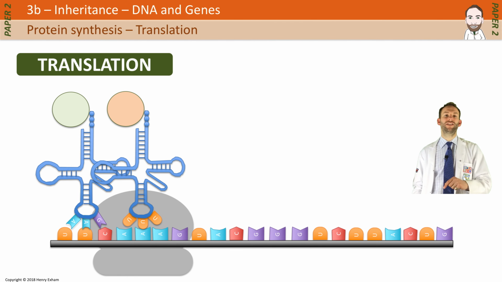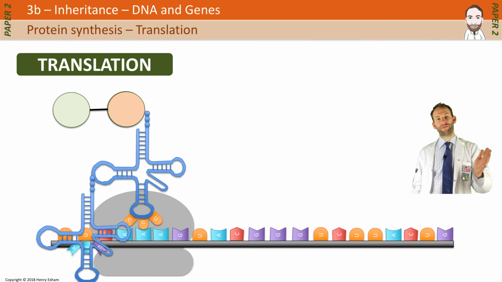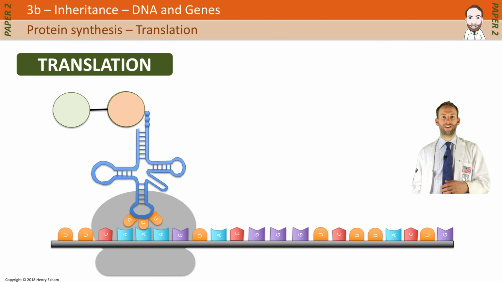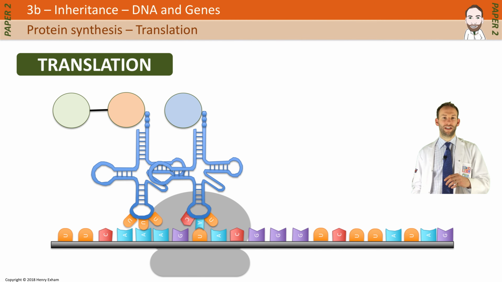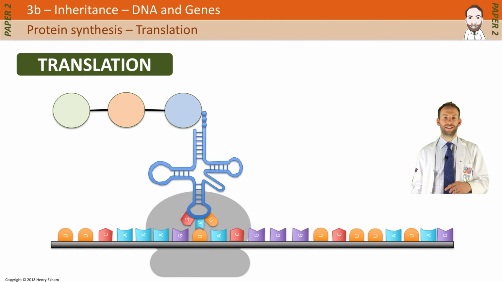You can see the anticodon, UUU, is the opposite of AAA. Remember, we're dealing with messenger RNA and transfer RNA, so both these molecules are RNA. And then the first transfer RNA gets released and the ribosome moves along. The next transfer RNA comes in, its amino acid binds to the last amino acid. That transfer RNA disappears and the process continues.